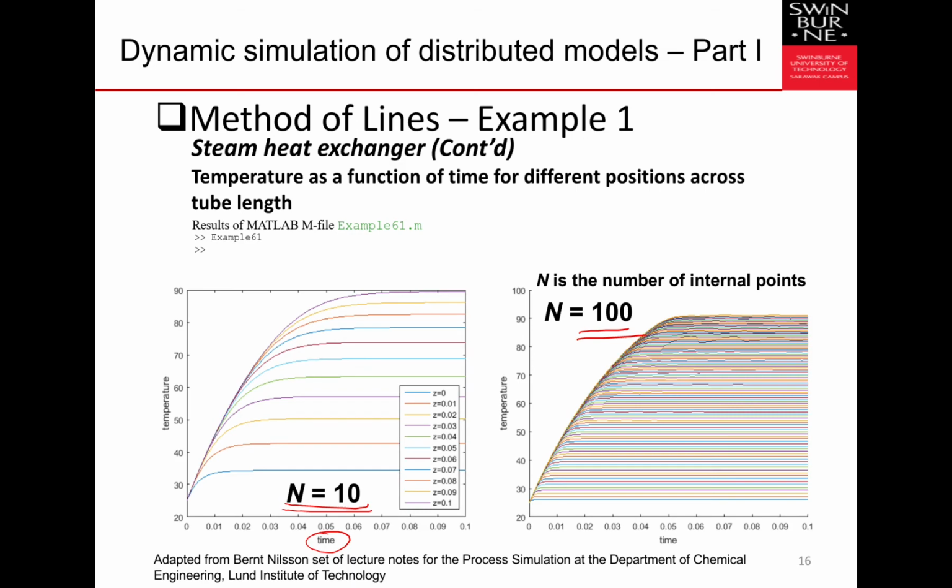For the position z, at any particular time, let's say if we take this particular time at 0.01, then z will have this temperature. At z equal 0 we will have this temperature, z equal 0.01 will have this temperature, 0.02 at this particular temperature, and then at this particular temperature and this particular temperature.